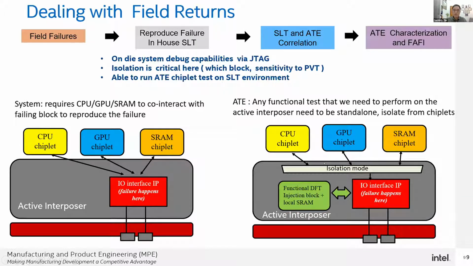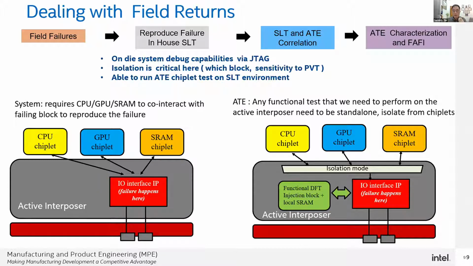My way to look at this is that any functional test that we need to perform on the active interposer, we want to be standalone. Very important, so that you can bring it back to die level and you can do better debug. So in this example, you know that this failure on the I/O interface IP is coming from interaction with the CPU chiplets, GPU, or some SRAM.